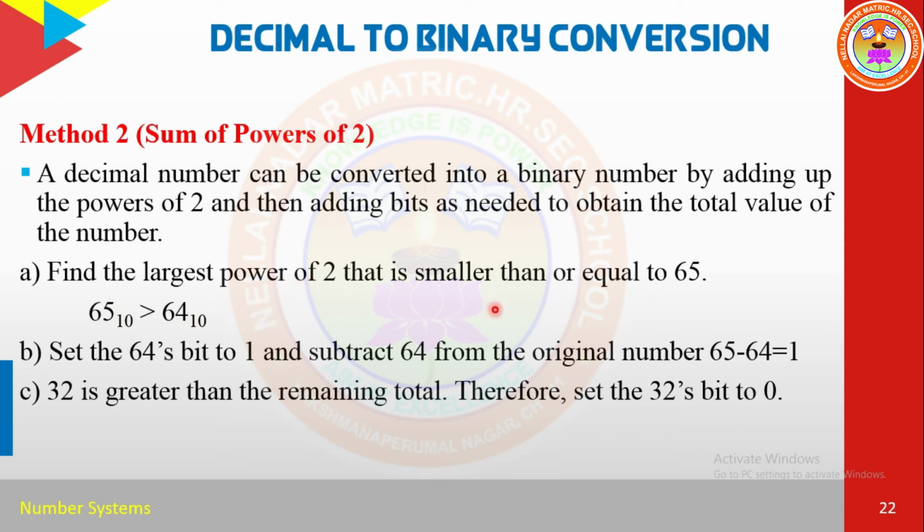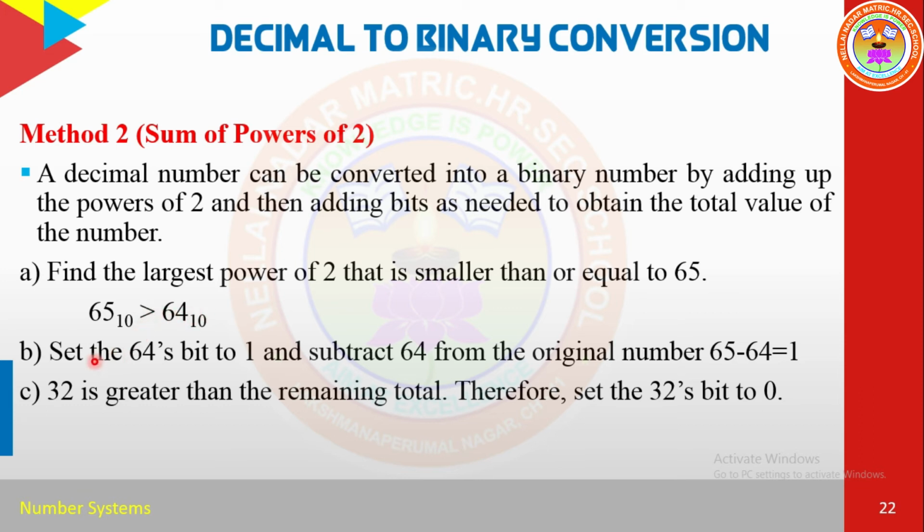Because 2 power 0, 2 power 1, 2 power 2, up to 2 power 6 is 64, and after 64 the next power is double, which is 128. 128 is bigger than 65, so we cannot use it. So up to 65, the largest power value is 64.